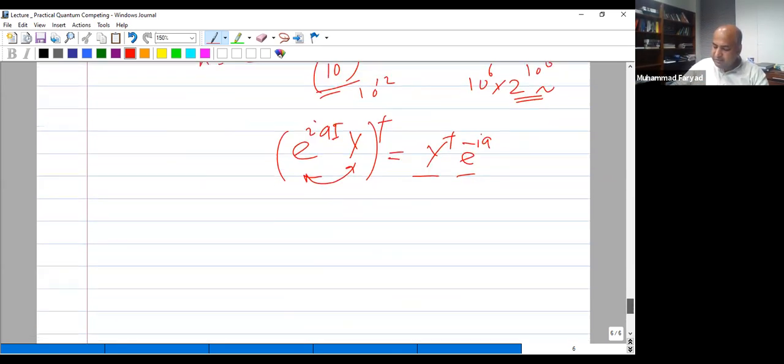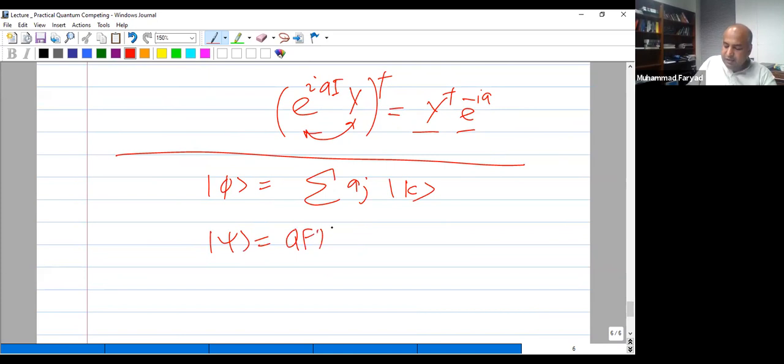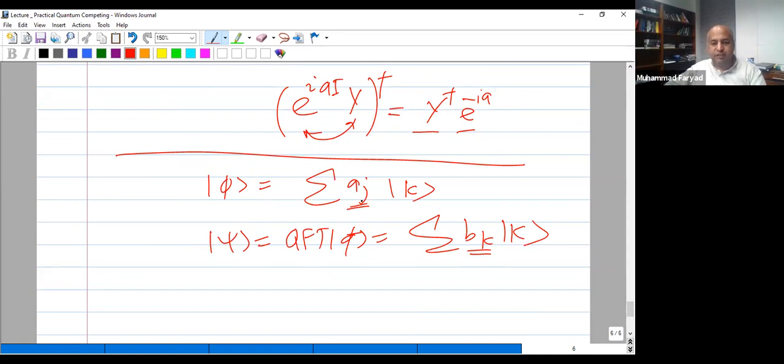The reason is this: if you have at input some state phi, which is some sum of a_j, and you get some state psi by applying a QFT to this state phi, we already saw that we get something like this, where these b_k are the Fourier transforms of a_j.